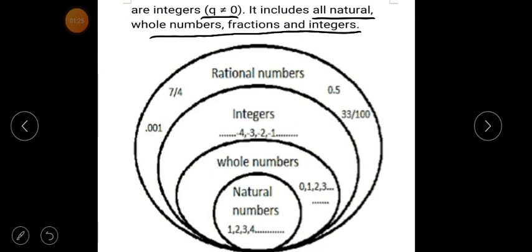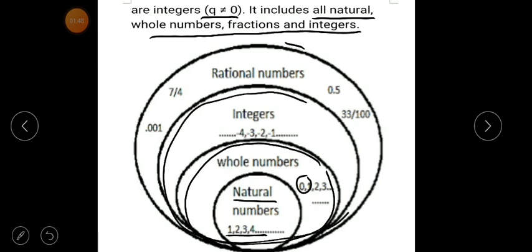Here in the diagram we can see the categorization of all the numbers. So the numbers 1, 2, 3 are natural numbers. When we add 0 to that, they become whole numbers. If we include the negatives of all the numbers, they become integers.